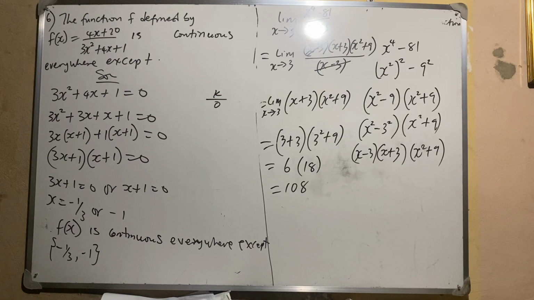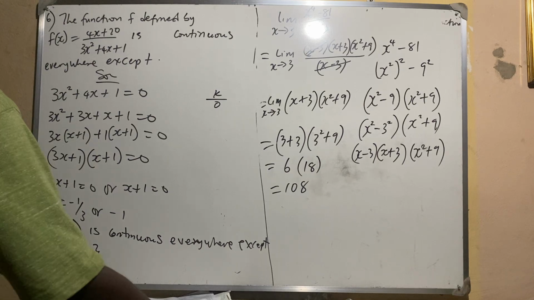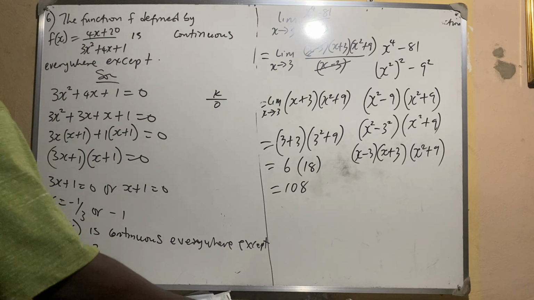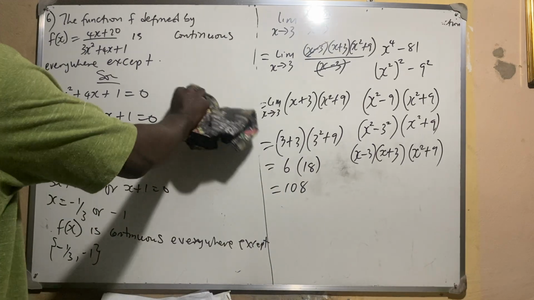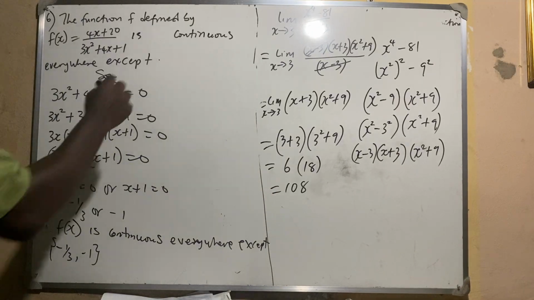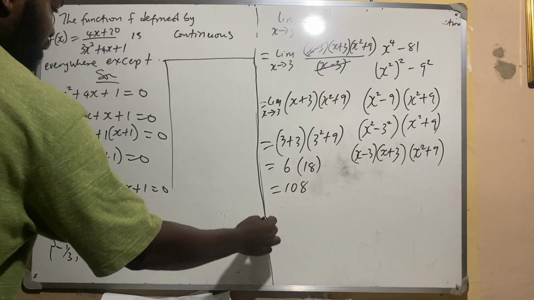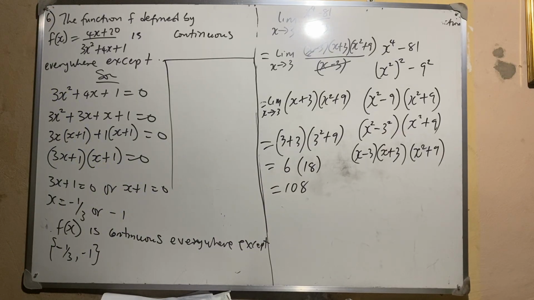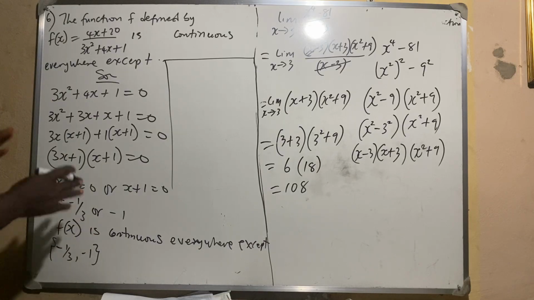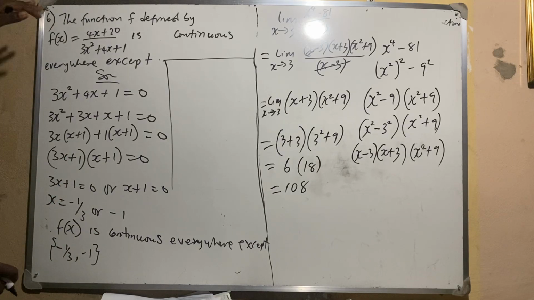Option C is correct. Another thing they can ask you is to find the point where this function is continuous. Now, you cannot find the point where it is continuous directly. What you do is find where it is not continuous. Then you say that at what point is this function continuous?